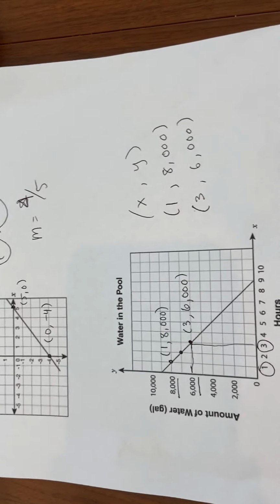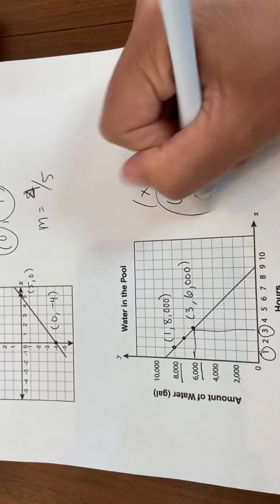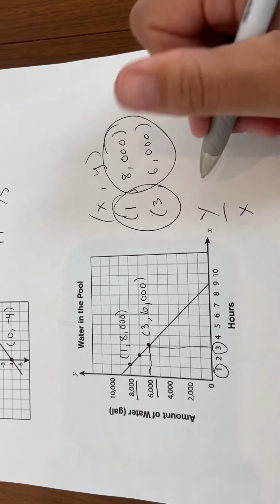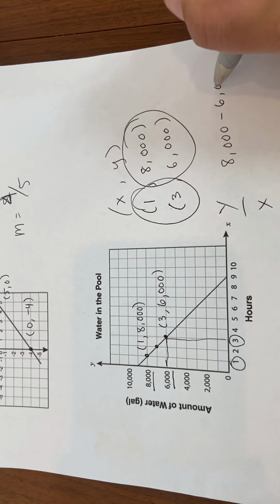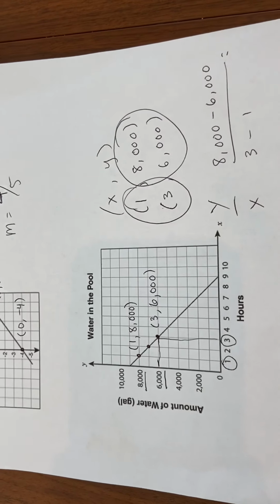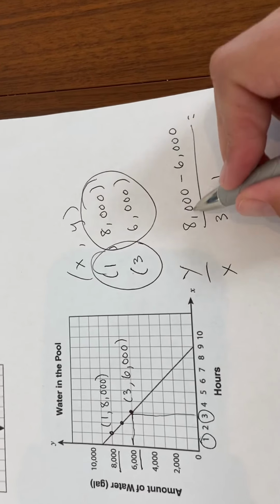Okay, we got our 2 points. We have our data collected. I need to subtract my y's, subtract my x's. Y over x. So we have 8,000 minus 6,000, and we have 3 minus 1. Let's solve this with mental math.